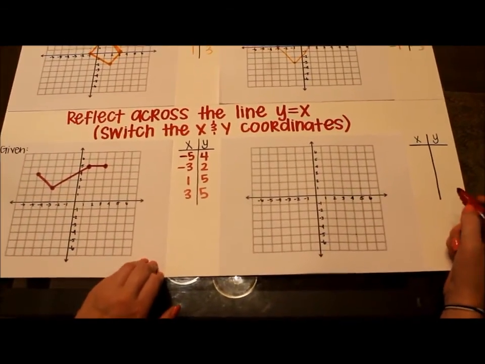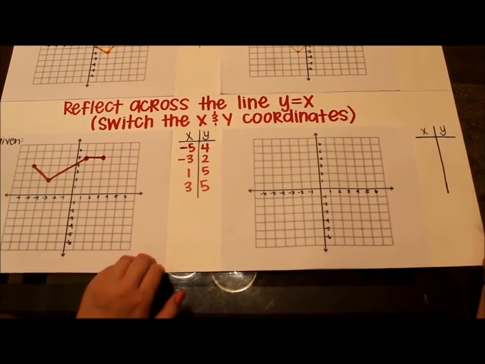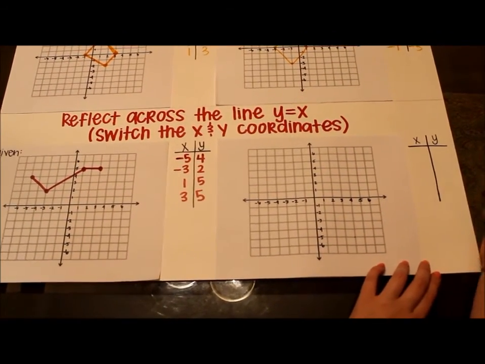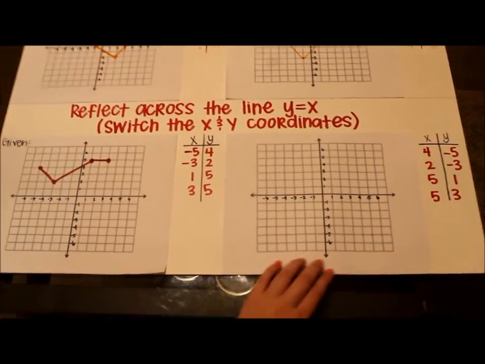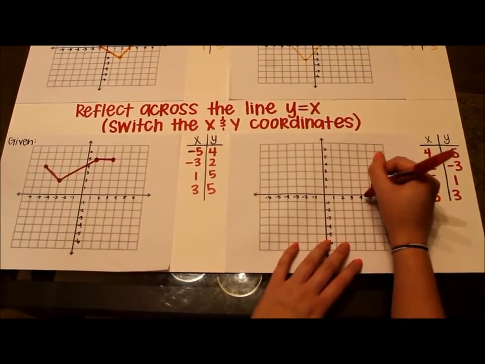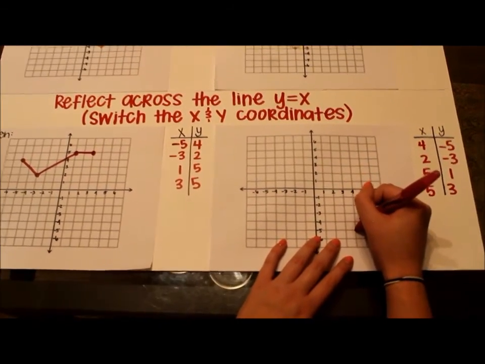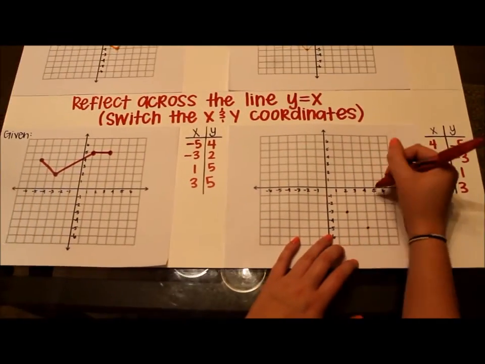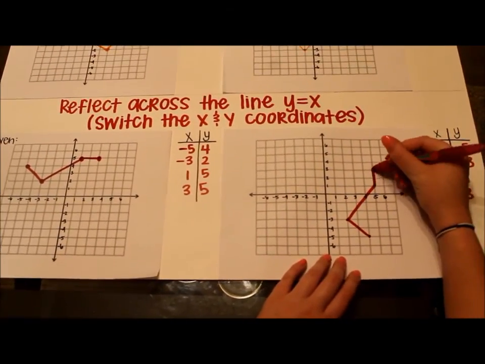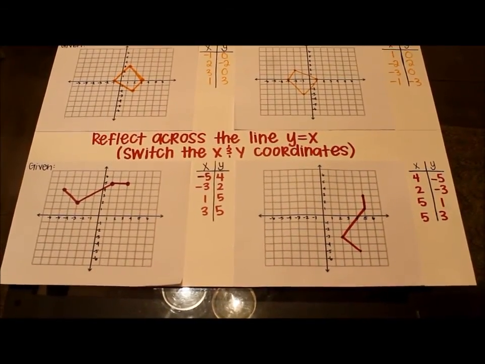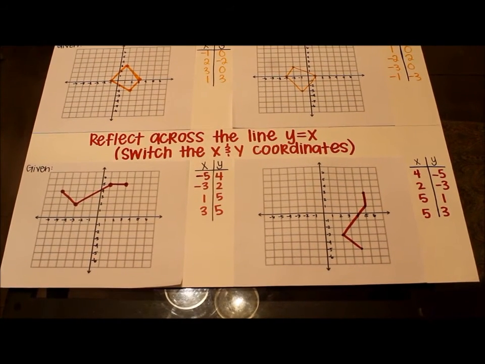Now to reflect across the line y equals x, we are going to flip-flop our x and y coordinates. Plotting these points, we get 4, -5, and this is a reflection across the line y equals x.